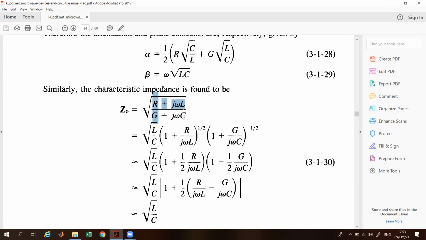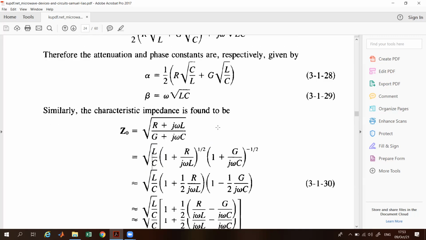And from this part we took j omega C common. So j omega in the numerator will cancel j omega in the denominator. So we will be left with root of LC, and this will be 1 plus R by j omega L raised to the power 1 by 2. And this will be 1 plus G by j omega C raised to the power minus 1 by 2.